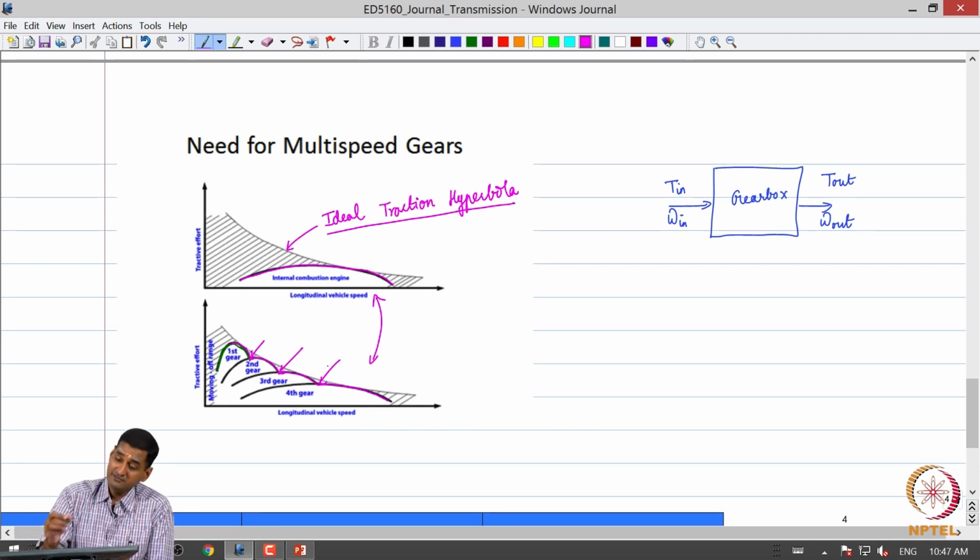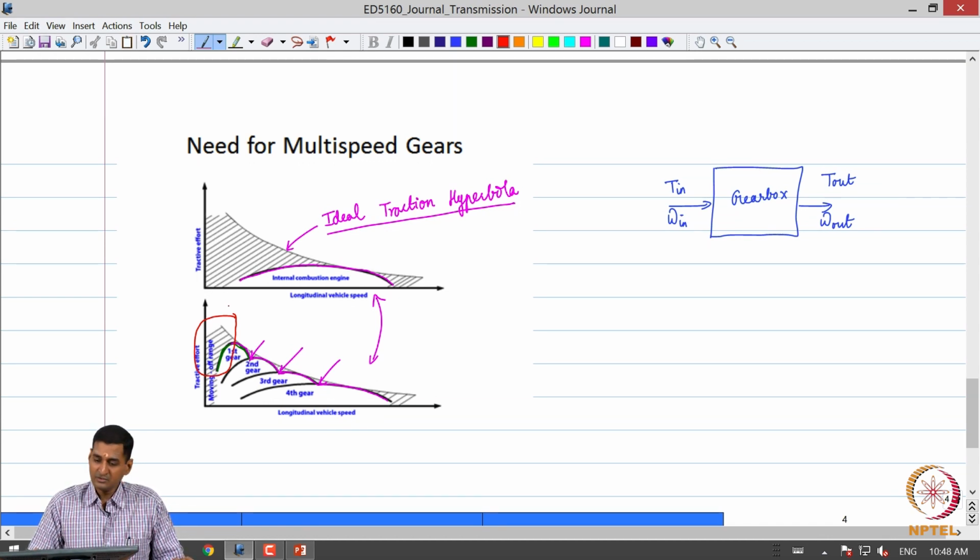Still we have to address one issue. What is that? No matter whether we use a high value of gear ratio for the first gear or not, still if you want to move off from rest, we need a clutch, we need a move off element.